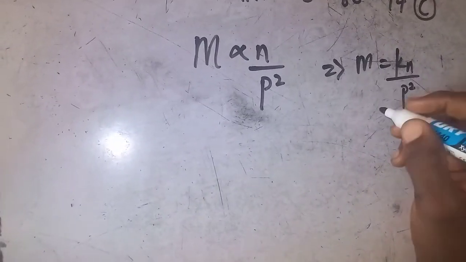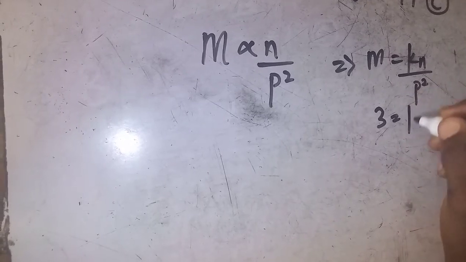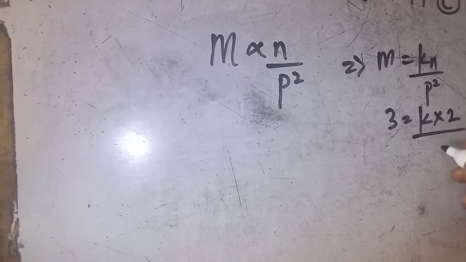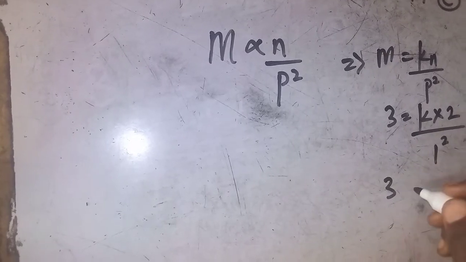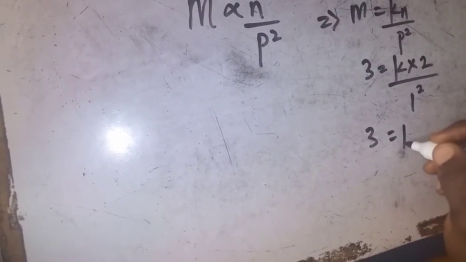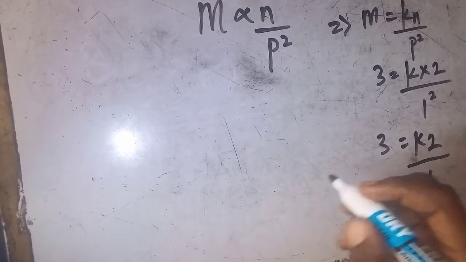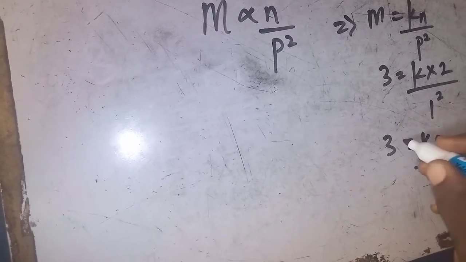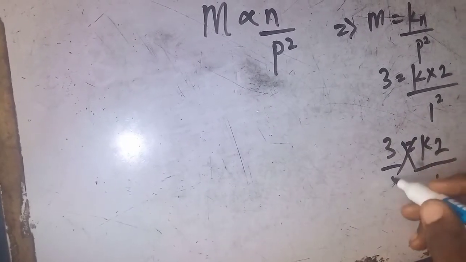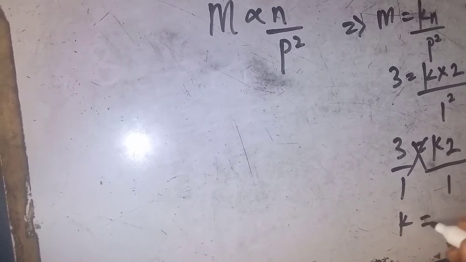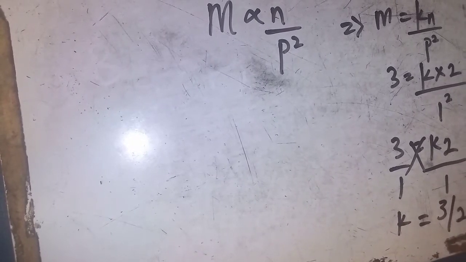So they now said our m is 3, n is 2, and our p is 1 squared. That's 3 equals k2 over 1. So if you cross multiply, what you have is k equals 3 over 2.